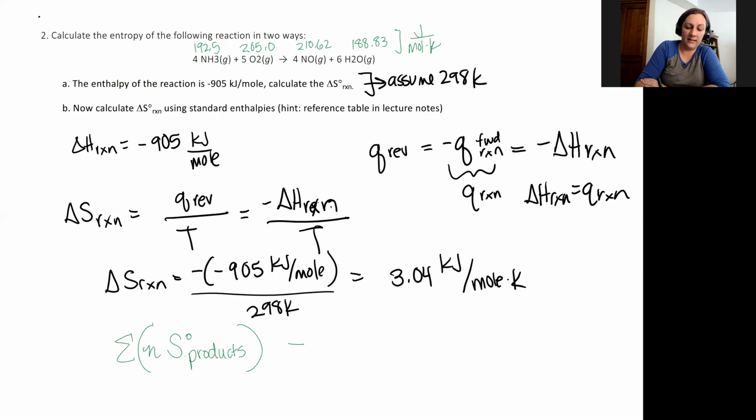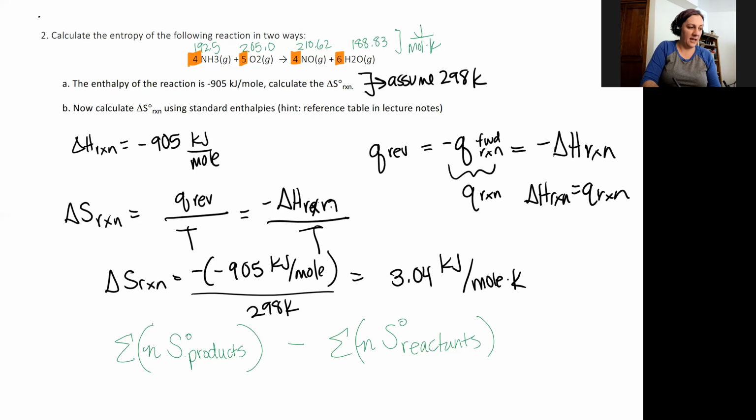We take the coefficients and multiply them by the standard entropy for each of the reactants. And that should give us our value. So switching over, I'm really just going to plug in the values I pulled out of a table. I'm going to make sure I include the coefficients from my balanced equation as well. I've got 4, 5, 4, and 6. So let's set this up.